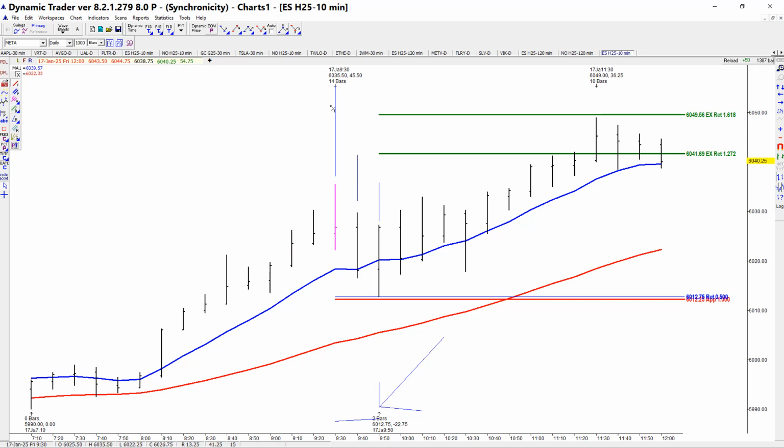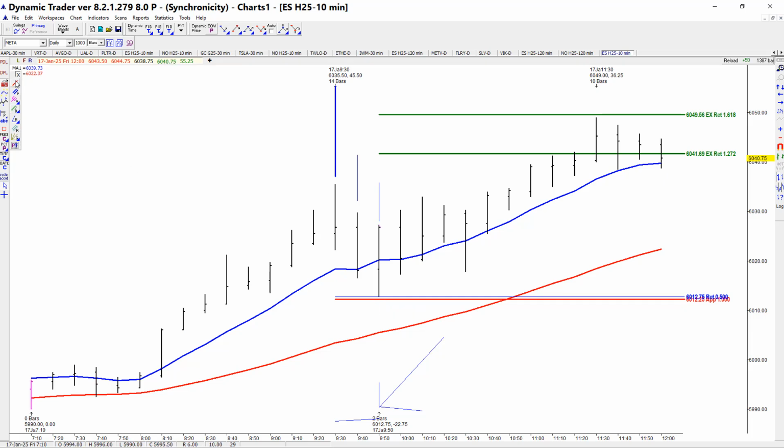That first one counts as a 0, which is that one I'm going to highlight in thick blue. That's 0, 1, 2. Okay, so 2 bars down, it was 22.75 points down. That's why it says negative 22.75 points from that high at 9:30 to the low at 9:50 a.m. Eastern.